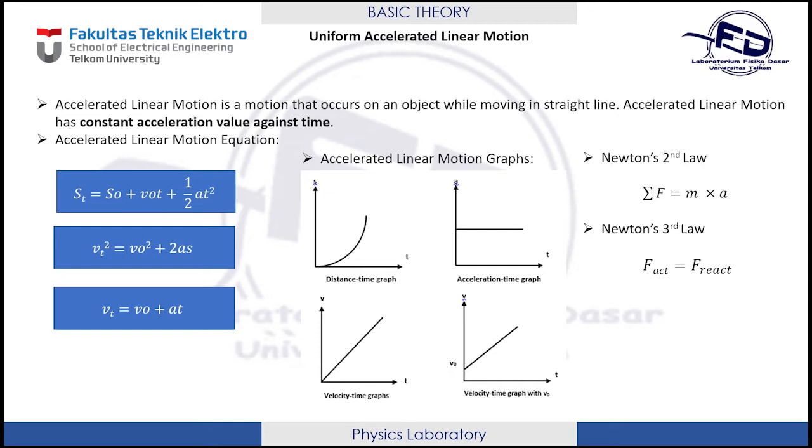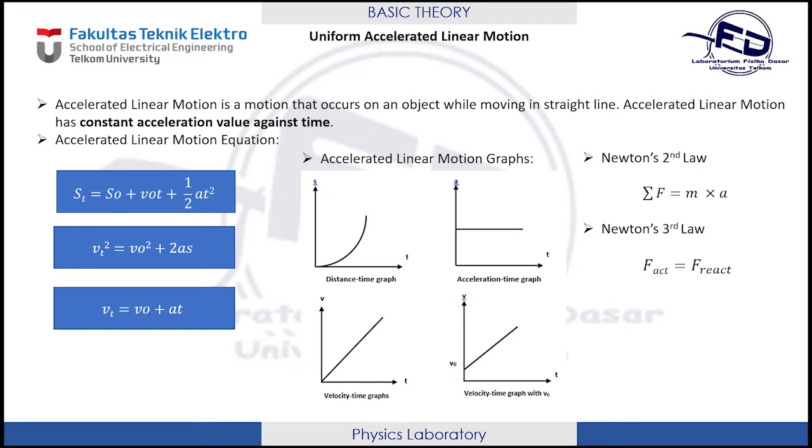In uniform accelerated linear motion, there are three equations. The first one is st equals so plus vo times t plus half a times t square. The second one, vt square equals vo square plus 2a times s. And the last one, Vt equals Vo plus a times t.